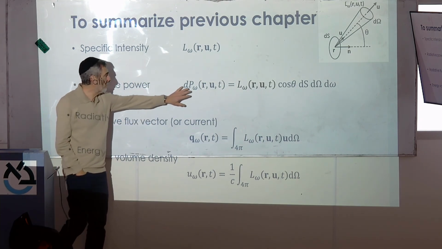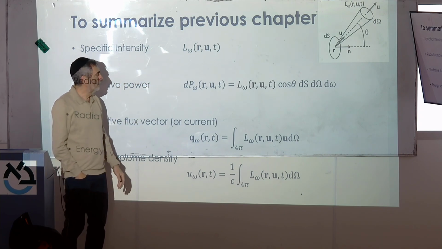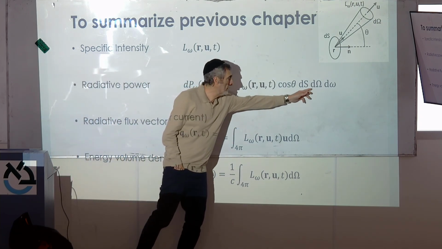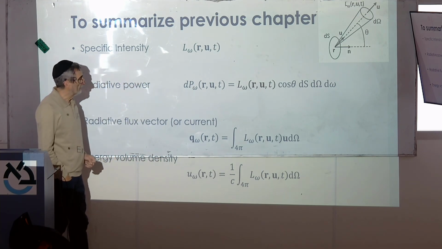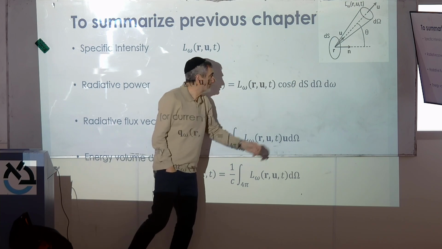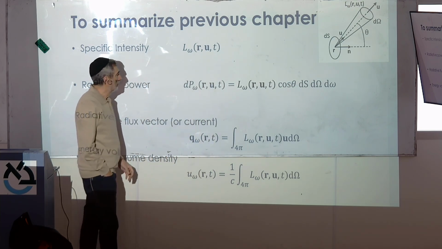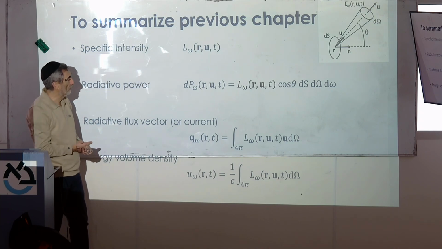This is the power that is radiated from point r in direction u over a solid angle delta omega and the frequency range d small omega, through an aperture which has a section dS. So that's the power that is radiated in that direction, like in the picture here.